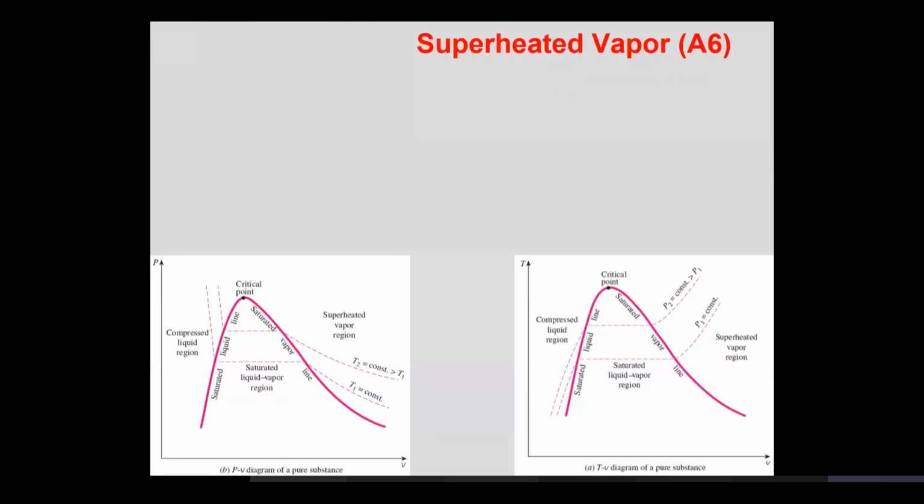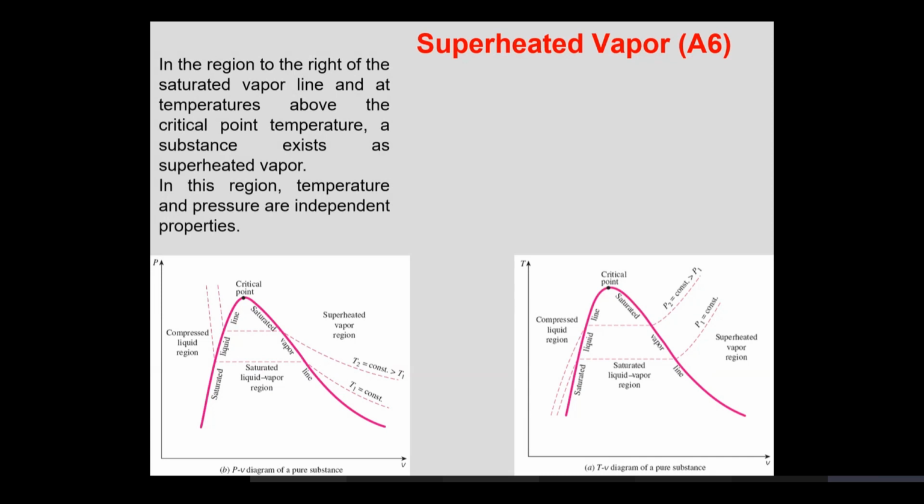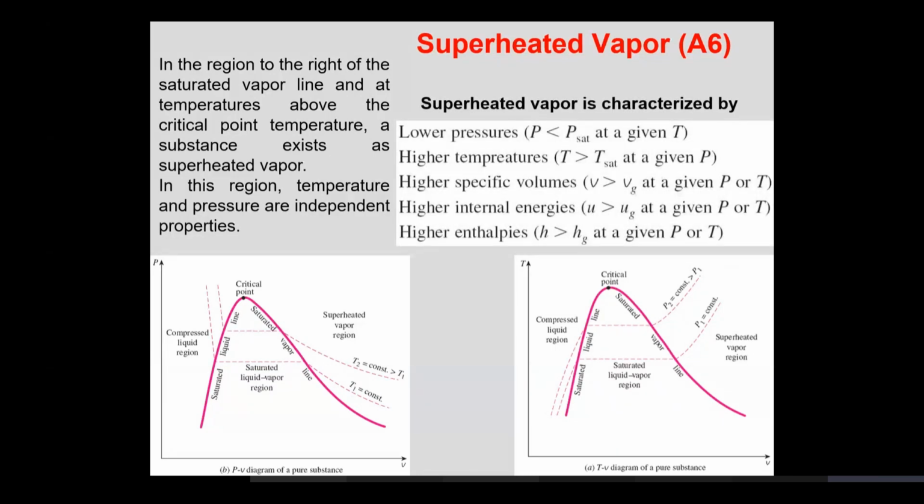That is only needed to calculate the properties of the mixtures. But when you go to the superheated vapor region, the first thing is to identify whether you are in the superheated vapor region or not. What are the properties that identify that you are in the superheated vapor region? These are the characteristics of the superheated vapor region. We'll look at them one by one.